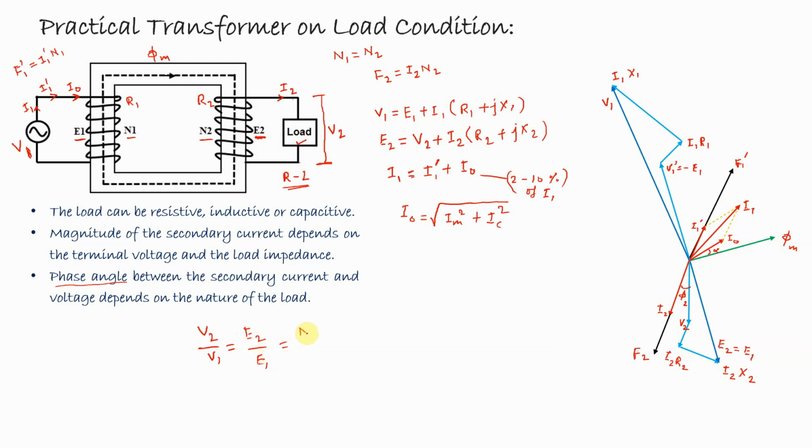It should be equal to N2 by N1, that is the number of turns in secondary upon number of turns in the primary, and it will be equal to I1 by I2. And this is the transformation ratio. So remember, the transformation ratio is also applicable for practical transformer.